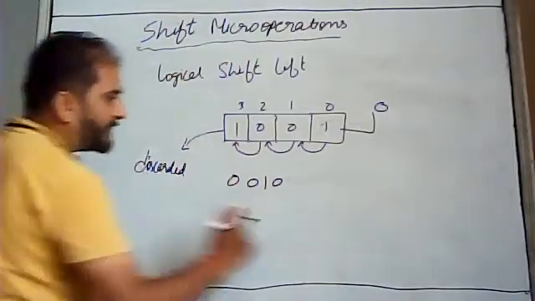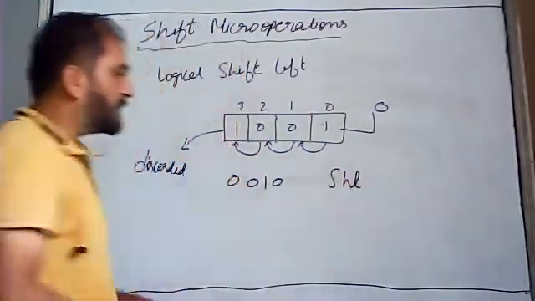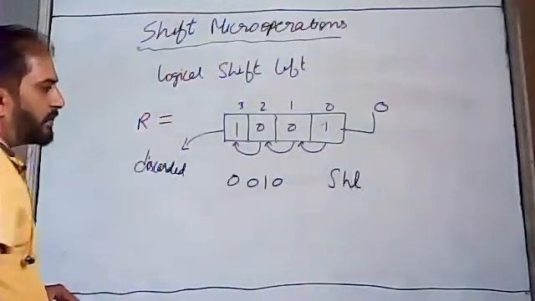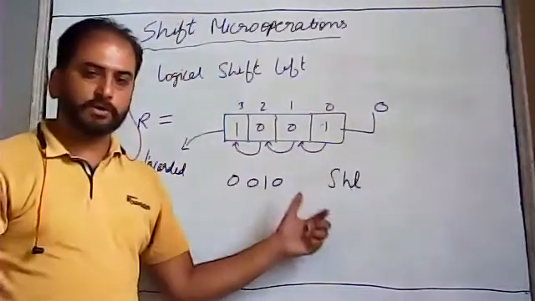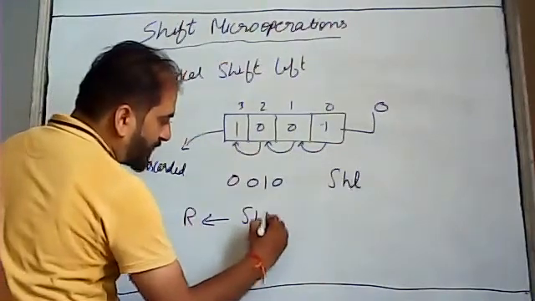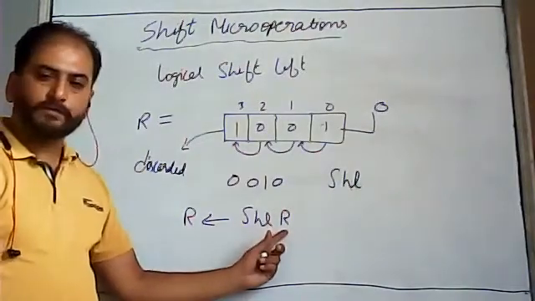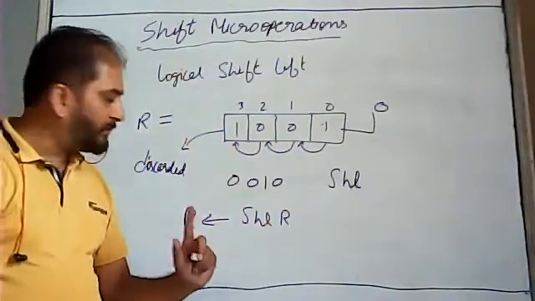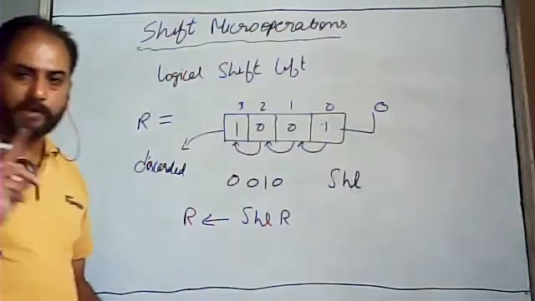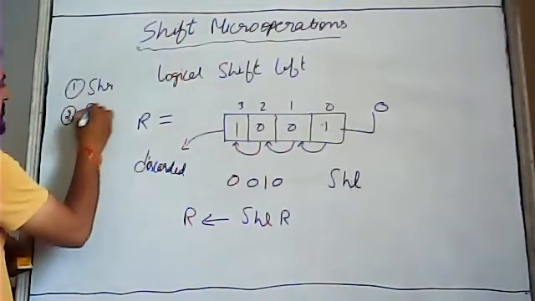For this we have the instruction SHL, which means logical shift left. Suppose this is a register R. If I want to write the instruction for logical shift left, I will write SHL R. This instruction will shift the bits of register R to the left by 1 bit and store the result in register R. So for logical shift, we have 2 instructions: the first one is SHR and the second one is SHL.